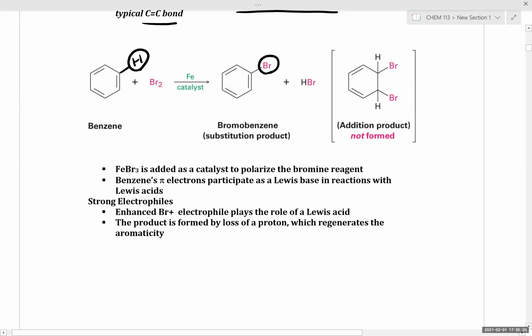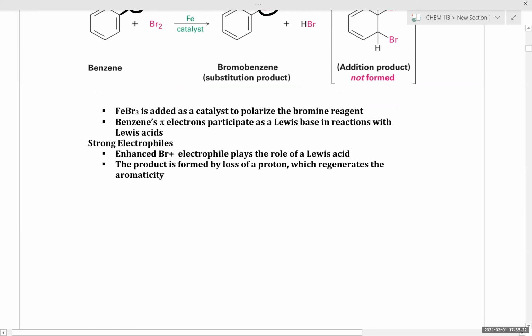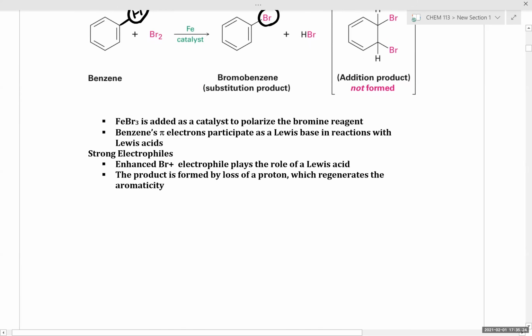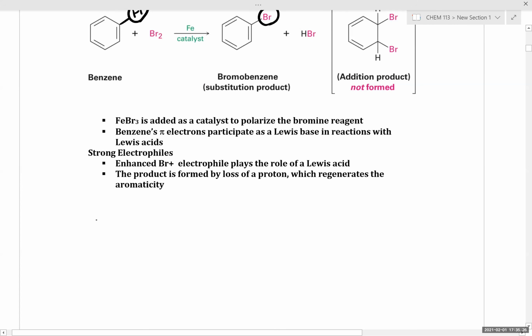Now, what are some things that we can look at and discuss when we talk about this reaction? First and foremost, the iron tribromide is added as a catalyst to polarize our bromine reagent. So in the presence of iron tribromide, we have our equivalent of bromine.